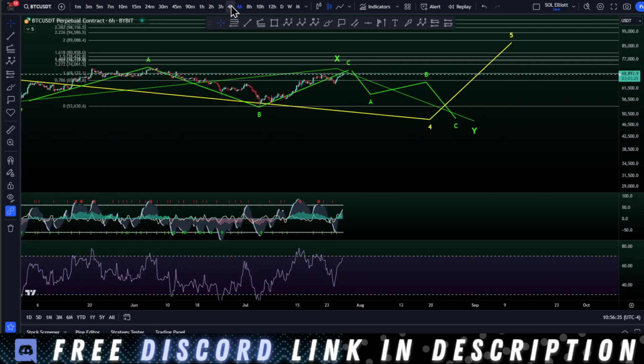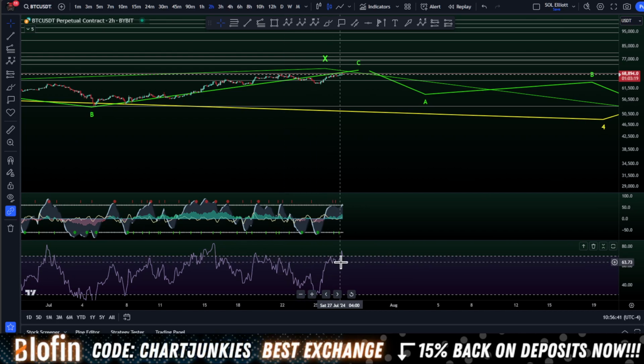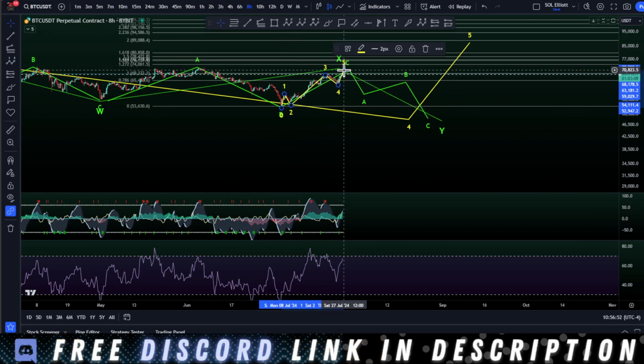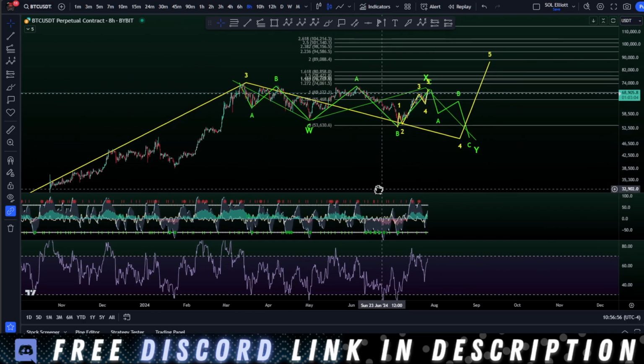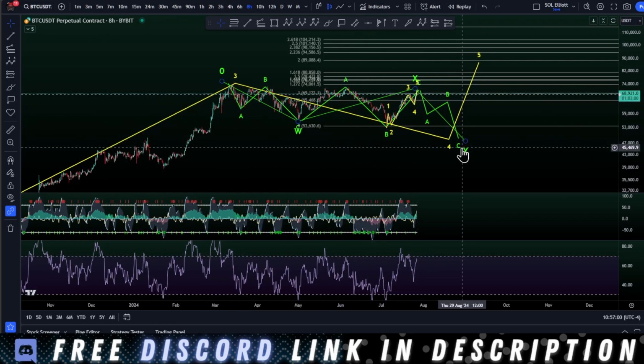Definitely like the 4 hour, the 6 hour, the 2 hour. Look, we are definitely overbought on these time frames. We're due for a correction at the bare minimum. And when I see a finished 5 waves completed, 1 2 3 4 5, it just leads me to believe that this is definitely a possibility.